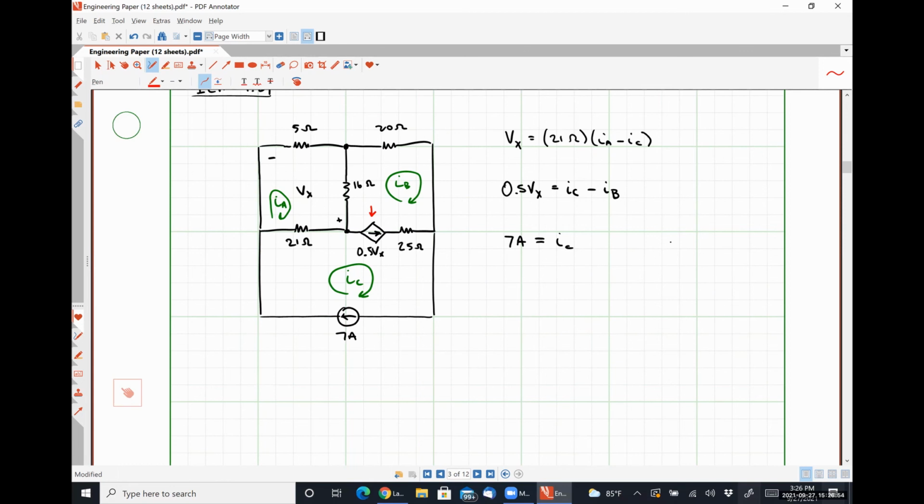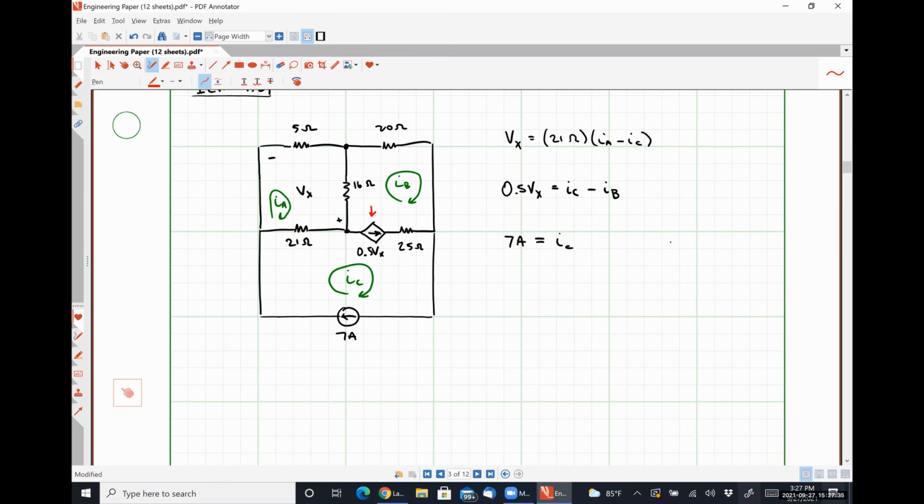If you notice here, including Vx, we have 4 unknowns, right? IA, IB, IC, and Vx. We have 3 equations. We have not even looked at mesh A at all yet. That's where our 4th equation is going to come from. So what I am trying to get at here is that if you have super meshes that contain a current source on the perimeter, you'll never wind up writing a KVL equation for any of those meshes involved.